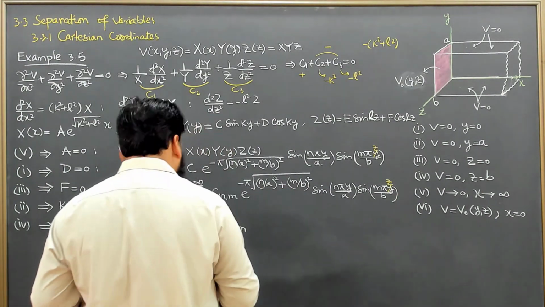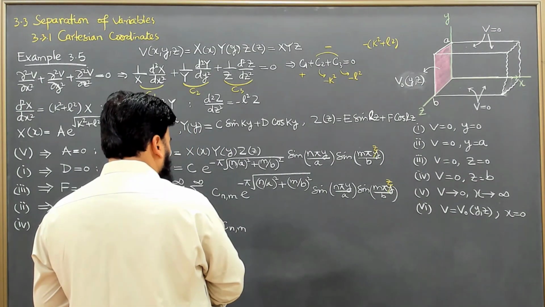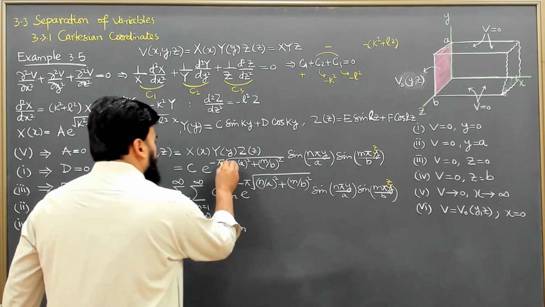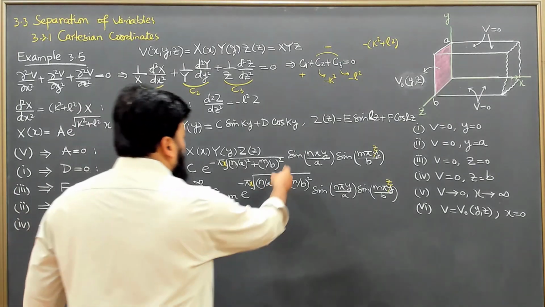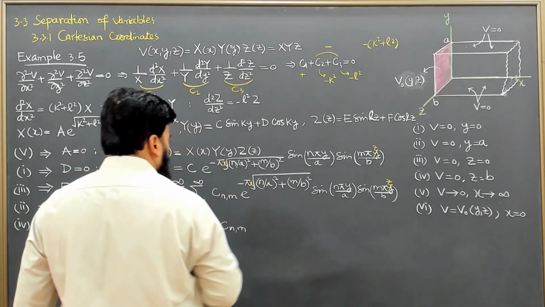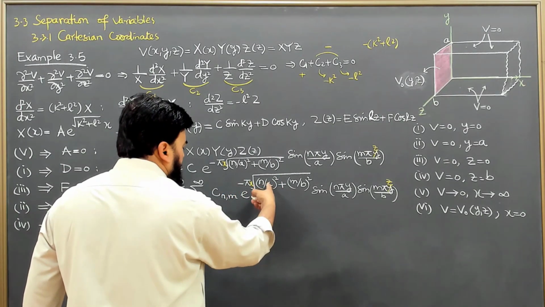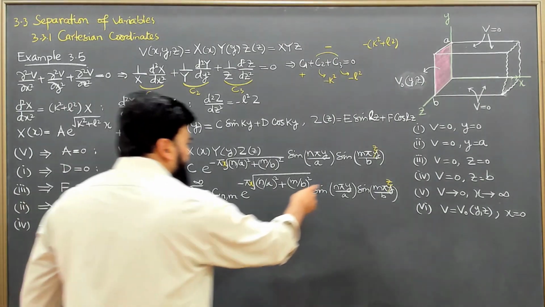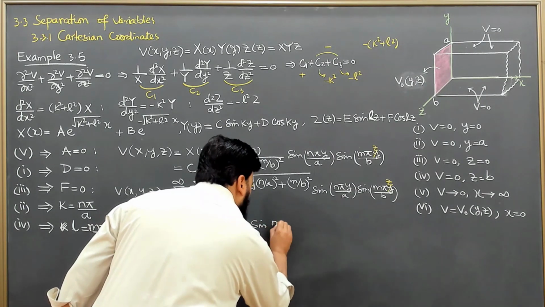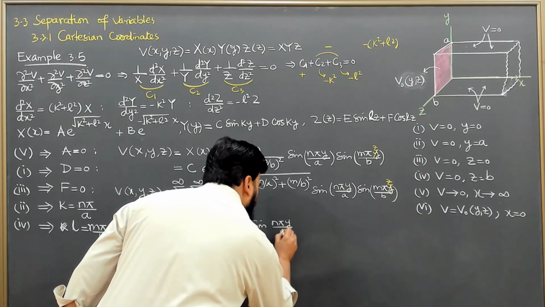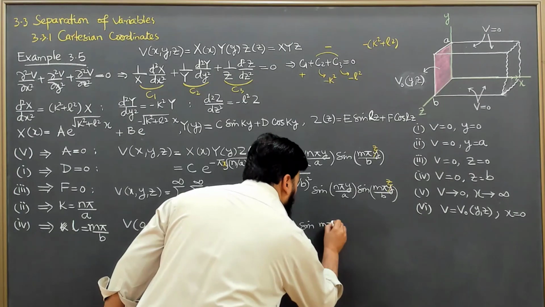When we have this thing, okay, here I have forgotten x, so I will write x here. This is pi x basically, and here it's pi x, because this is multiplied over here, so I have just written it over here. When x is equal to 0, then this will be e to the power 0, and e to the power 0 is 1. So these two remain, and this is sine n pi y over a and sine m pi z over b.